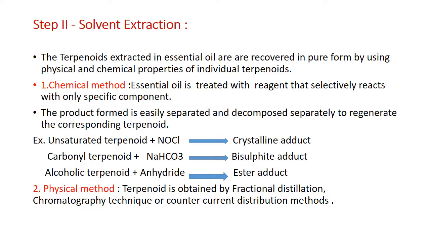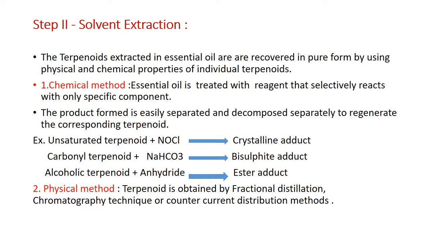In the same way, the terpenoid present in essential oil is allowed to react with specific reagents. The first reaction: unsaturated terpenoid is allowed to react with NOCl, nitrosyl chloride. What is the meaning of unsaturated? Here you can also take your familiar example, unsaturated terpenoid plus bromine water.